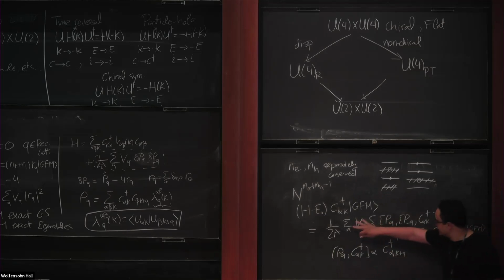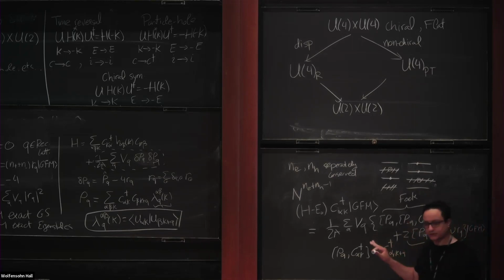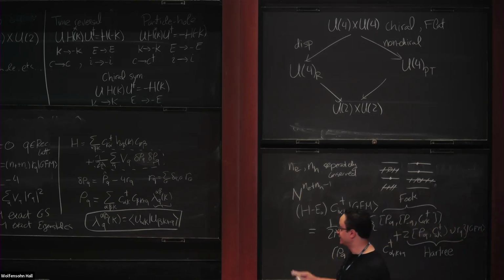So this whole term just gives you the eigenvalue of this eigenstate, but these terms have an interpretation. This term can be identified with the Fock energy, and this term, which is proportional to the filling, can be identified with the Hartree energy. So what this tells us is that in this limit, Hartree-Fock is exact. Not only is it exact at getting us the ground state, it also is exact at getting us single particle states.